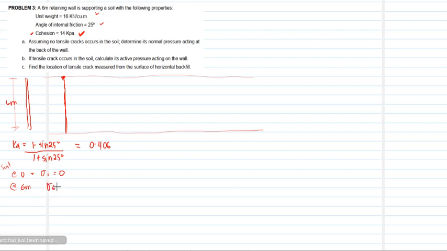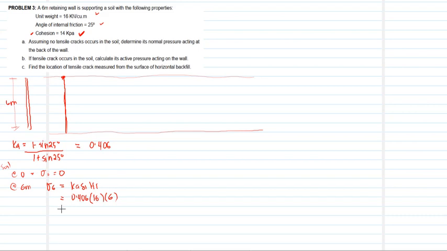Yung pressure natin at 6 meter is equal to Ka unit weight and then yung height. So, yung value natin dito, that is equal to Ka, that is 0.406. Yung unit weight natin, that is 16 kilonewton per cubic meter. And then yung height natin, that is equal to 6.